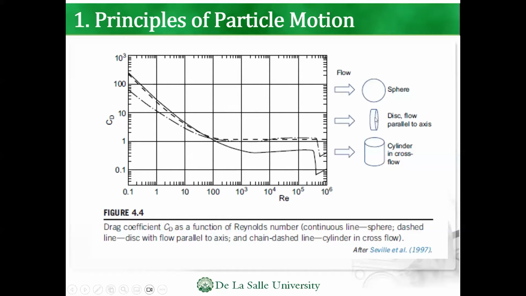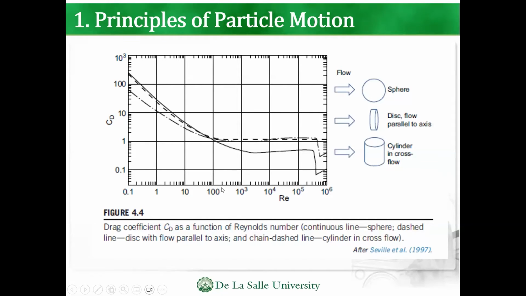For the sphere, the disk and the cylinder, take note that the solid lines show the drag coefficient as a function of Reynolds number. The x-axis is Reynolds number. The y-axis is the drag coefficient. What can you say is the relationship between the drag coefficient and the Reynolds number?